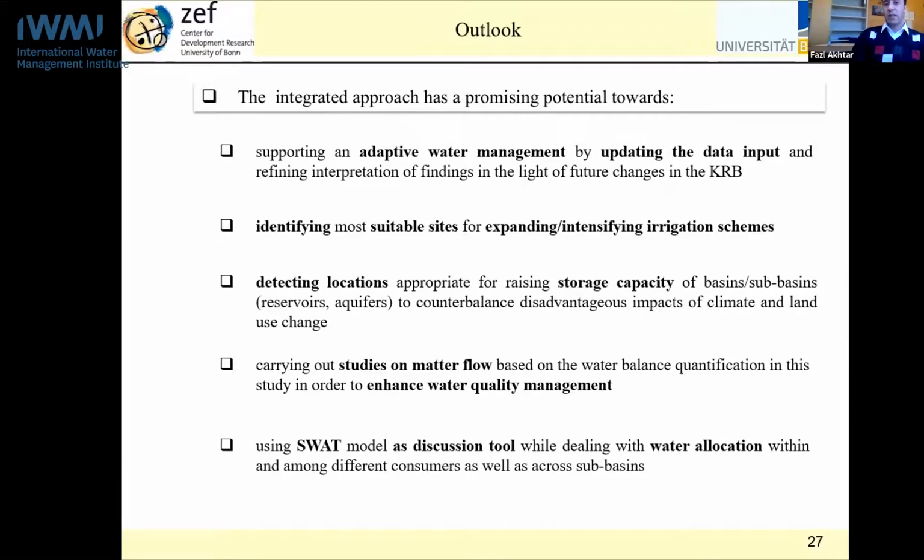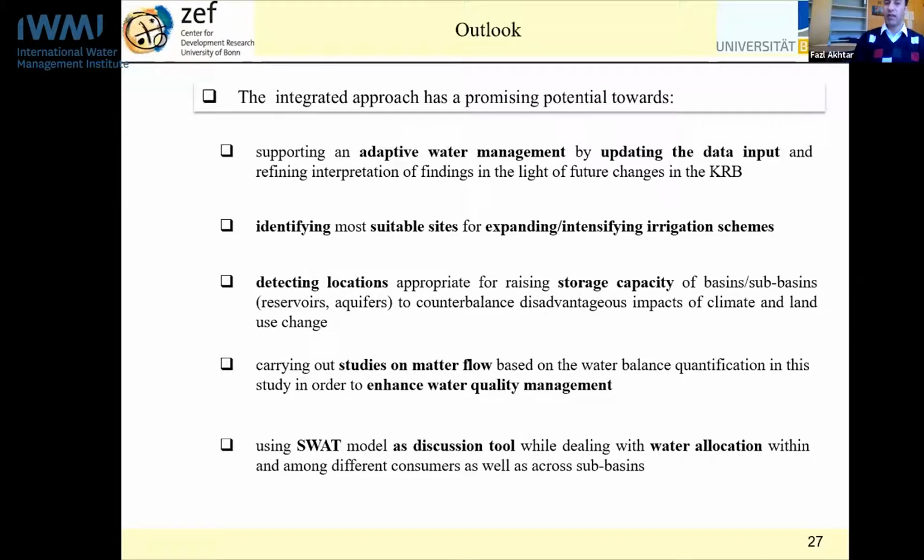Such studies, such an integrated approach, have a potential towards adaptive water management, learning by doing, improving the system by hit and trials. And we could refine the interpretation of findings amid the future changes in the basin, be it from the infrastructure side, be it from the human population and food demand side, be it the requirement side in terms of infrastructures.